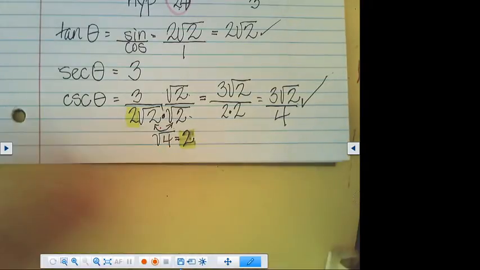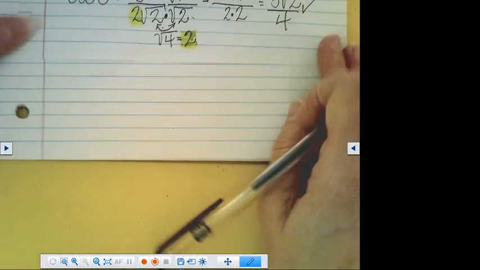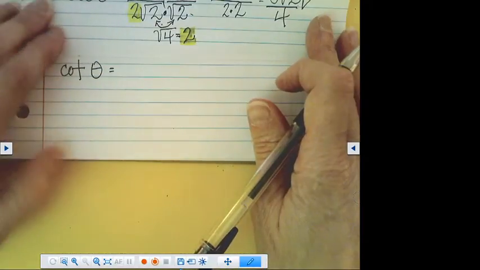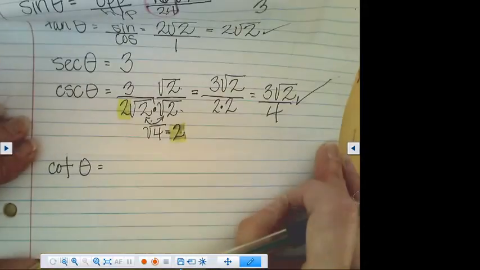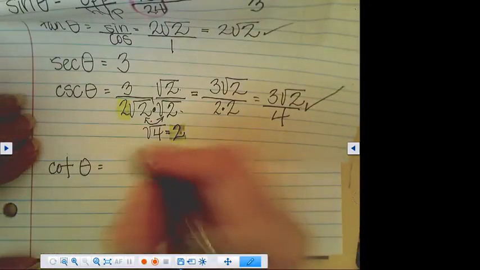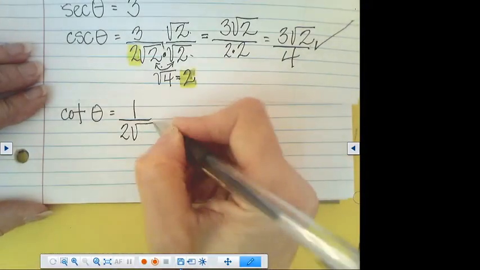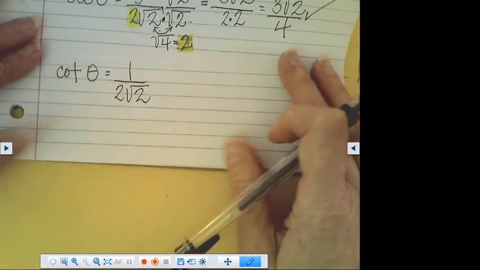All right, we're going to have to do the same thing on our cotangent. Here we go. All right, so look back up to your tangent and give me the reciprocal. What's the reciprocal of our tangent? 1 goes up, 2 square roots of 2 goes down.